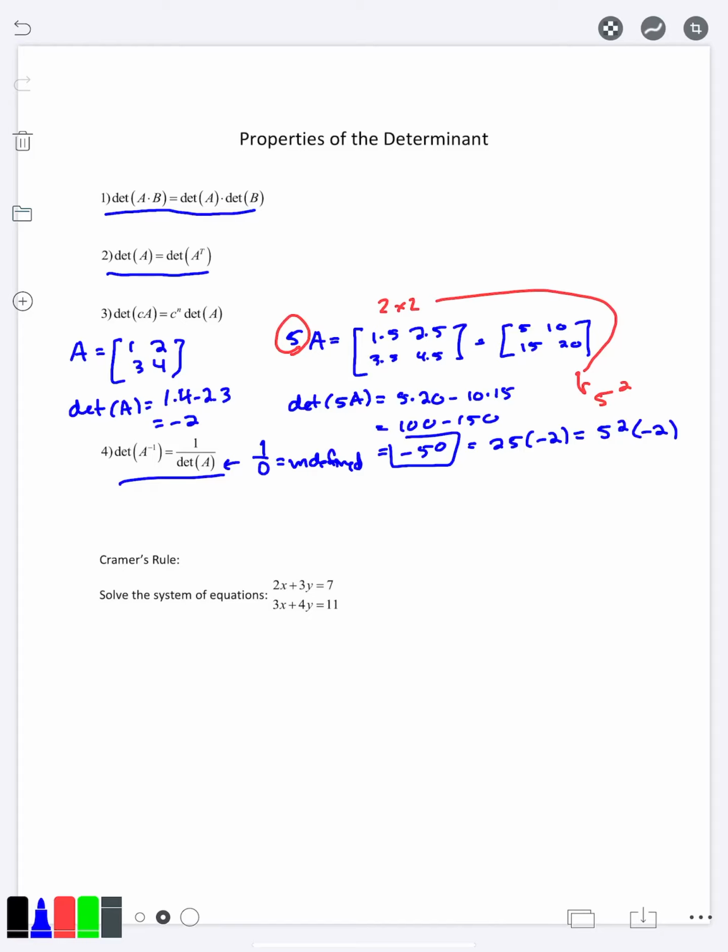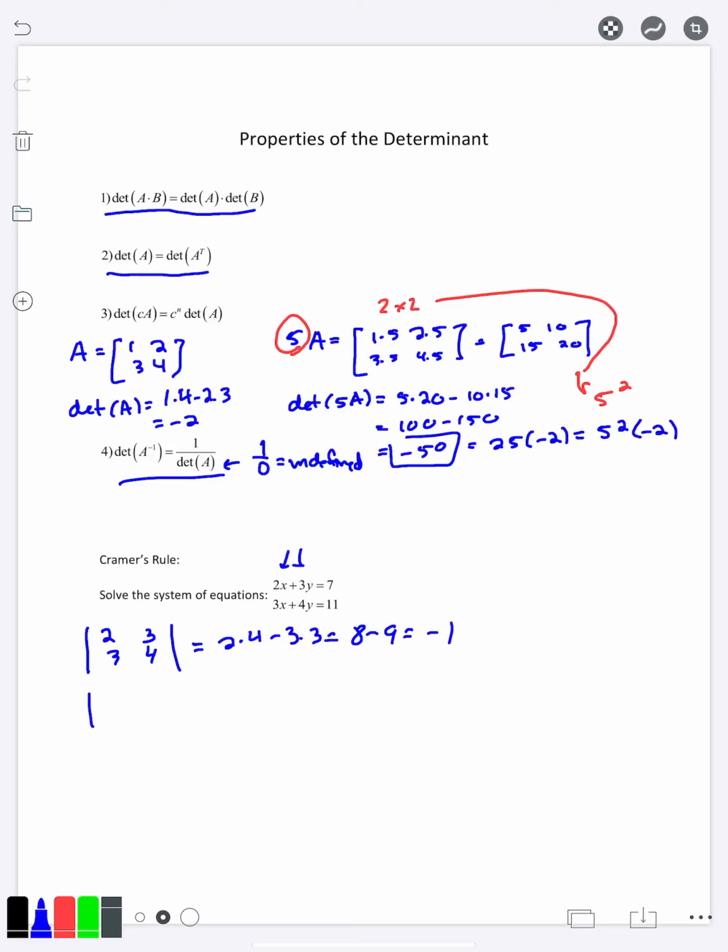So here's how it's going to work. We are going to calculate 3 determinants. The first determinant is based on the coefficient matrix. We just look at the coefficient matrix, take our determinant, 2 times 4 minus 3 times 3. We're going to get negative 1.